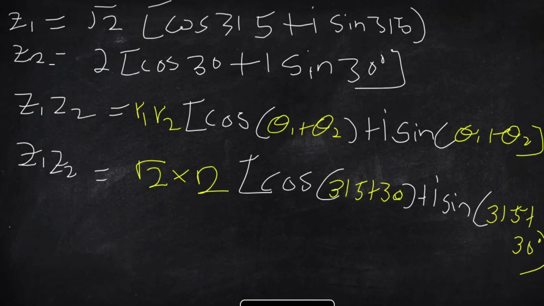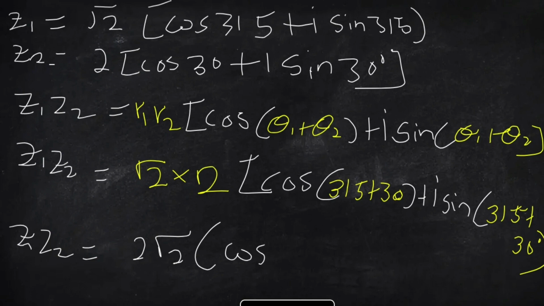It gives z1 z2 equals 2 root 2 into bracket cos of 345 plus i sine of 345.